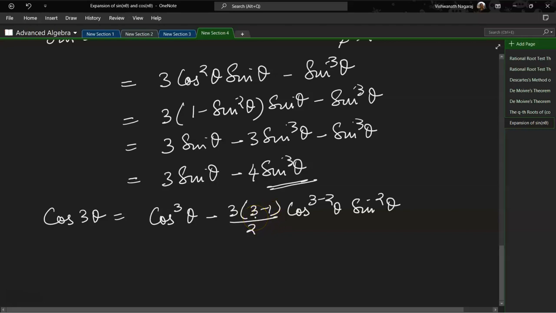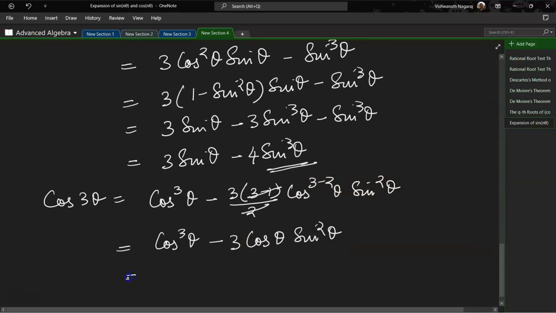If I take the next term, remember I have to go up to 3 minus 3, which becomes 0, so I don't have to go forward. So I end up with cos^3 θ minus this, and this cancels, and we are left with 3. 3 minus 2 is 1, so cos θ sin^2 θ.